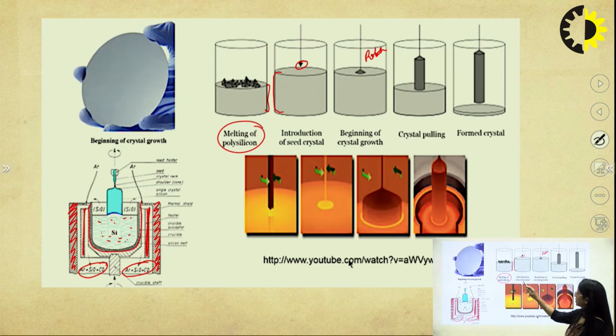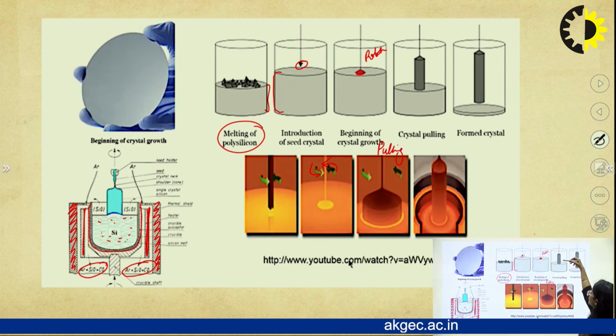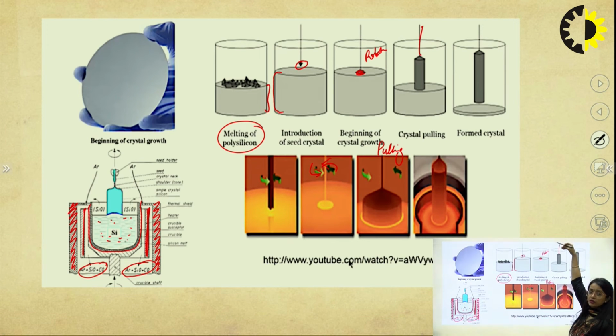We can see it's rotating. When we are rotating, there is accumulation at the top and the center, and then we are pulling also. When we are pulling the thread, this seed-like structure is obtained.